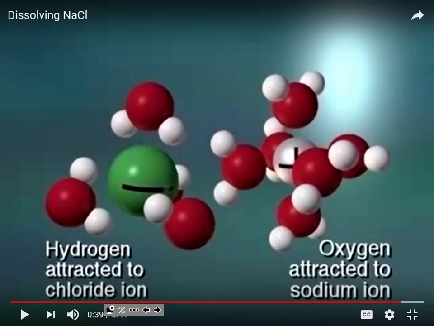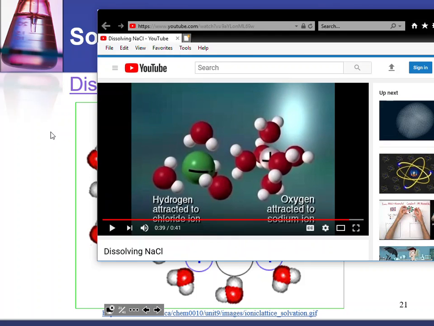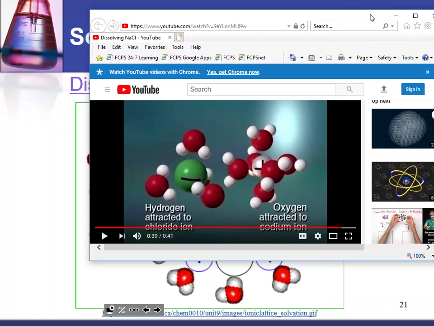Over here for the sodium, which is the positive one in the middle with the white, the oxygens, because they're partially negative, they're going to face inward on that one as they pull it apart, and they surround the sodium and the chloride and they break them apart, and then they have these water molecules all around them, kind of in a spherical sense. So let's go ahead and show you the picture of that.